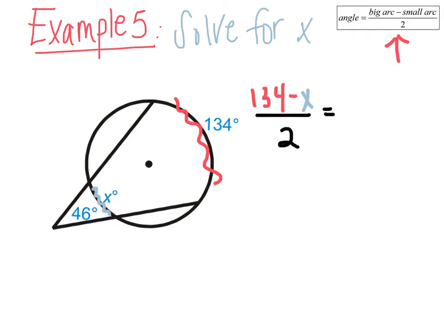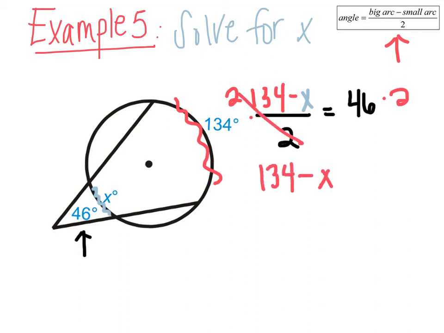We do know the outside angle. The outside angle is 46. So, in order to solve for x, we need to get rid of that 2 in the denominator. And so we need to multiply both sides of the equation by 2. So we get 134 minus x equal to 92.